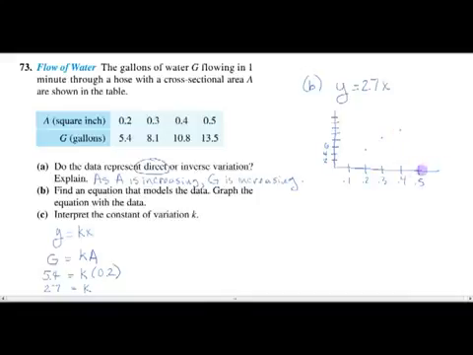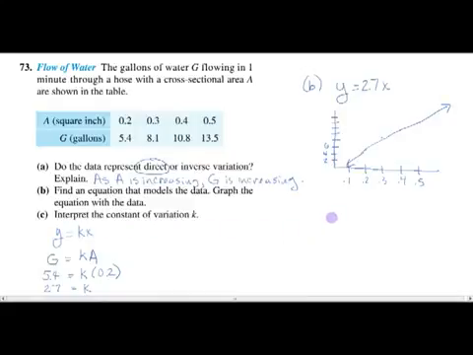And for 0.5, 13.5. So 6, 8, 10, 12, 14. This would be 13, so about 13.5, and we were over here at the 0.5. So you can see the line that results here. And if we would graph the y equals 27x equation, we would have that same line.